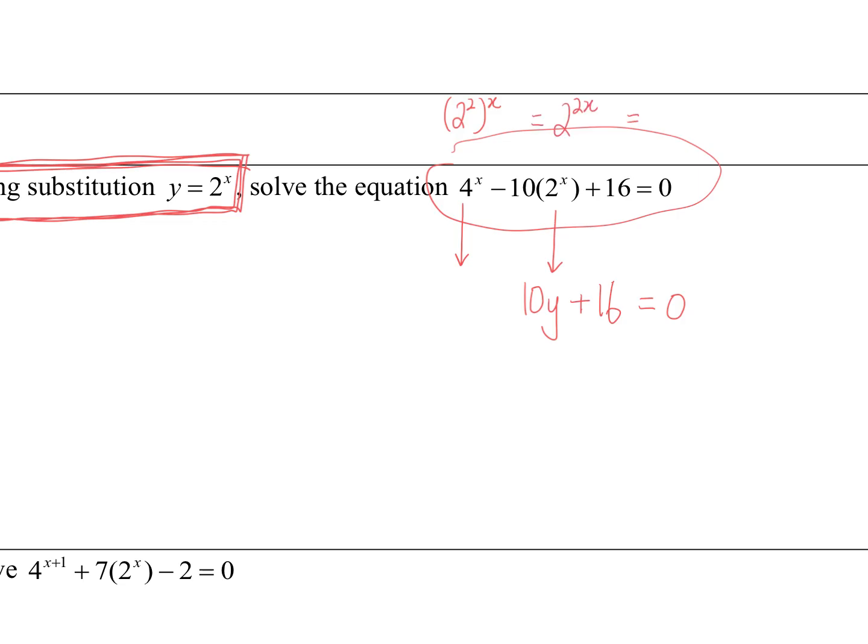And it's also the same thing as me writing it as 2x to the power squared. Whether I write 2 times x or x times 2 is the same thing. So I'm just rearranging it so that I can do substitution easily, because this one is y. So actually this one I can change to y squared. So when you change it to this, it's just a quadratic. You can factorize it easily.